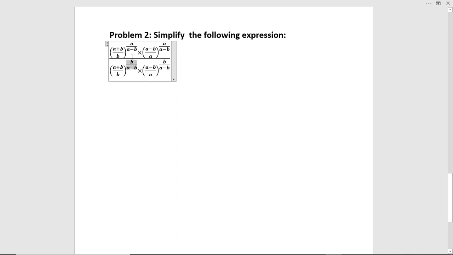So we know that a to the power x divided by a to the power y equal to a to the power x minus y. So if we look at this expression, we will get it like this. So we'll start the solution.